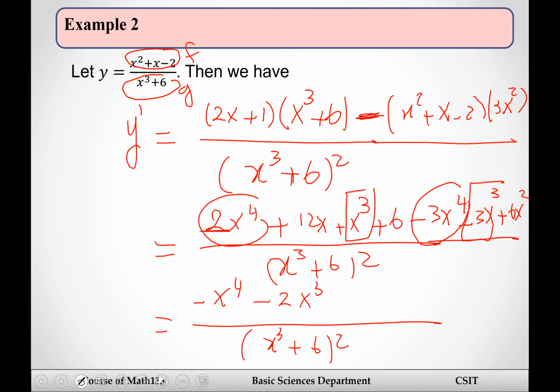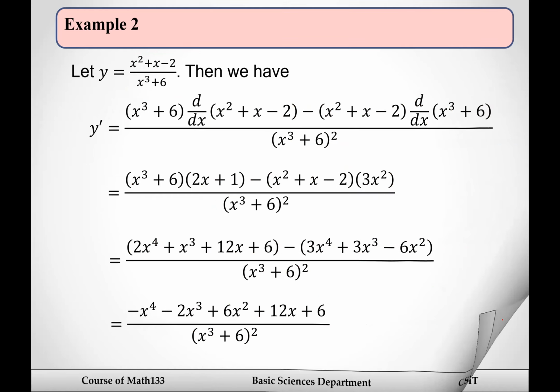And then the x^2, which is here. So plus 6x^2. The x here, plus 12x, and then last one, the constant, plus 6. And that's it. You let your derivative like that.